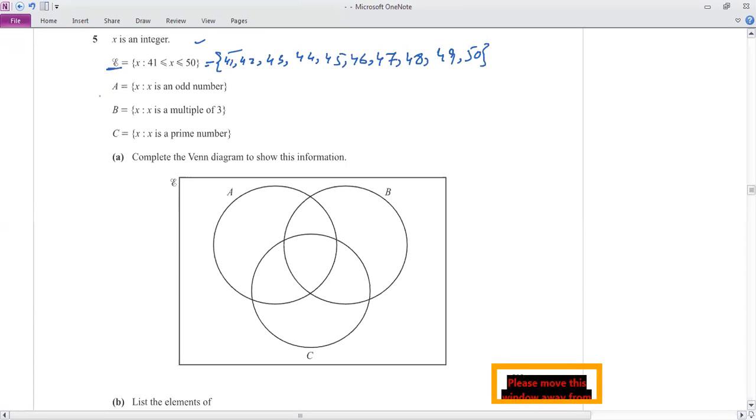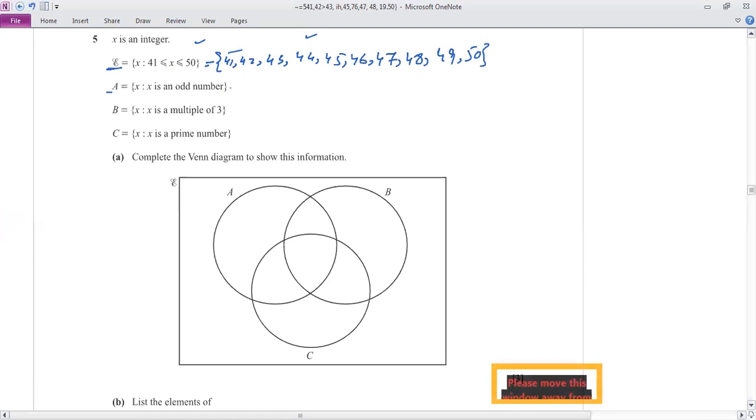So all other sets are taken from these. It's given the elements of A are odd numbers, but it doesn't mean that you can take any odd number. You must choose the odd numbers from this set because it is a Venn diagram, and in the Venn diagram, all the elements will be from the universal set.